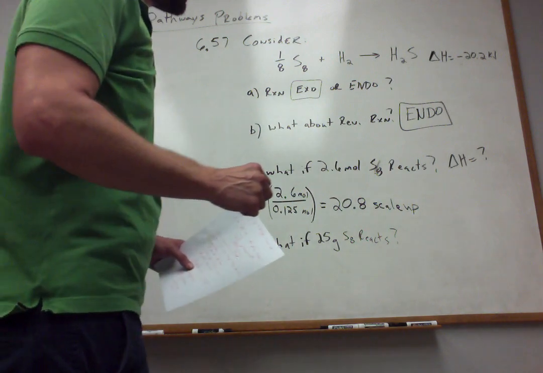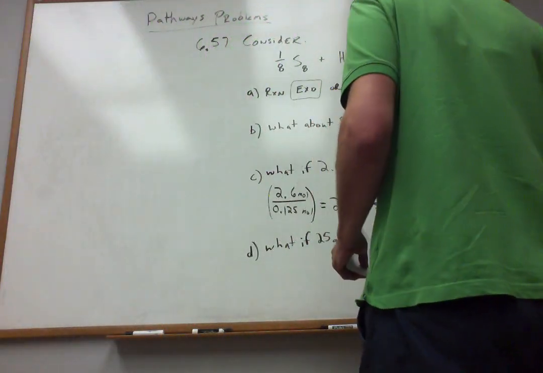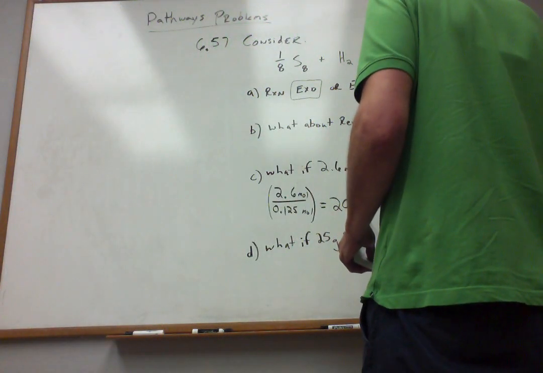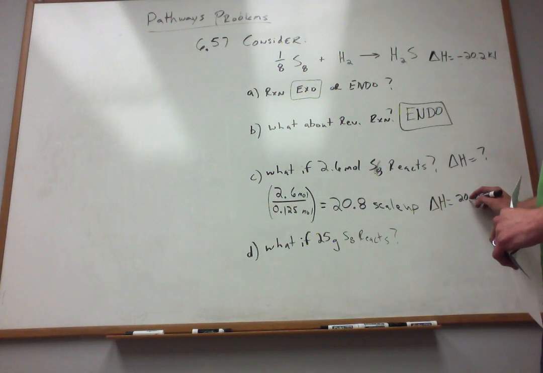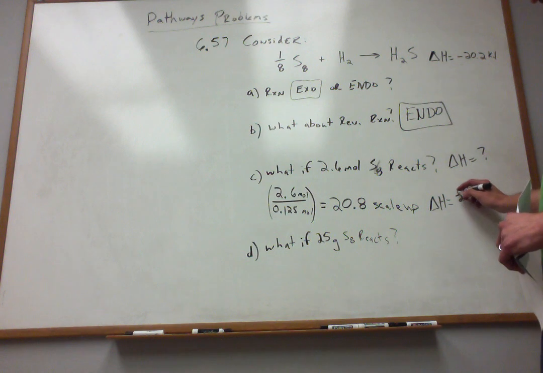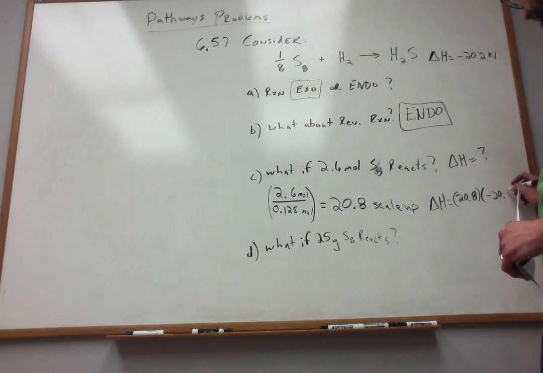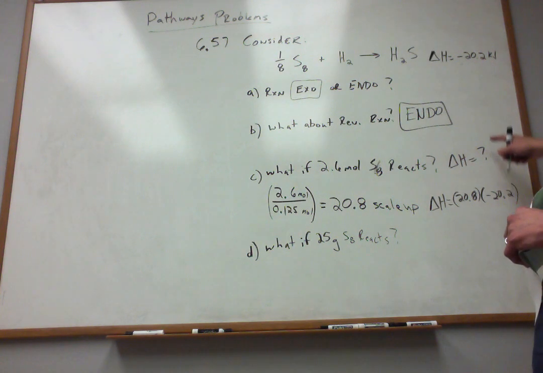Okay? So it stands to reason then to compute delta H, all I need to do is multiply that scale-up factor by my stated enthalpy of negative 20.2 kilojoules.